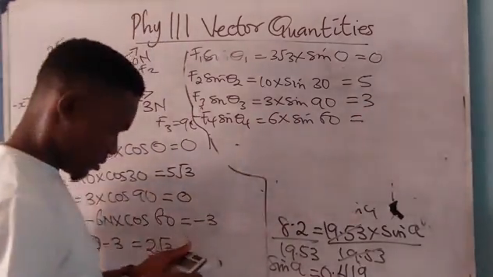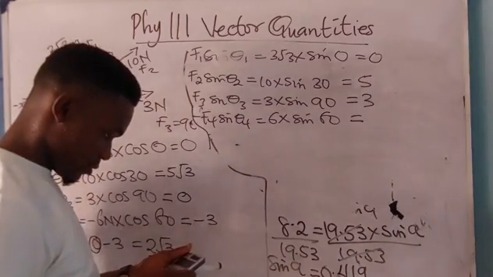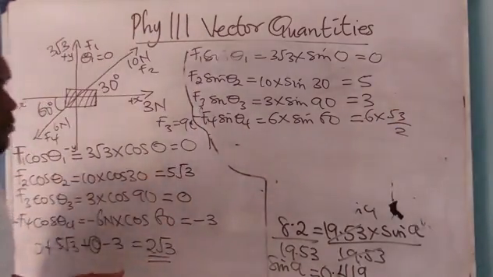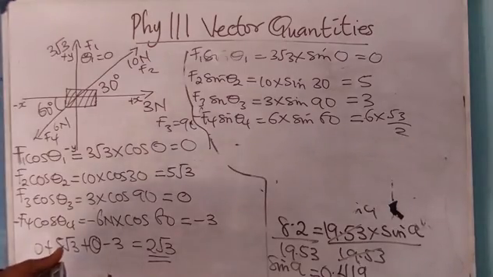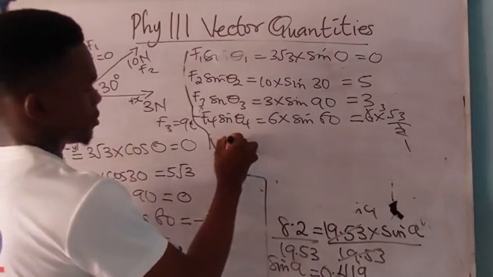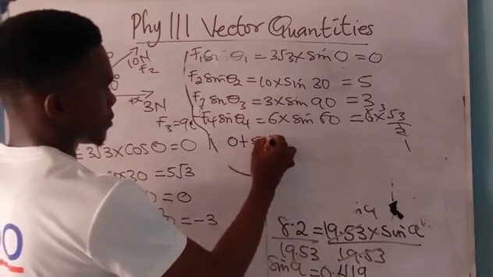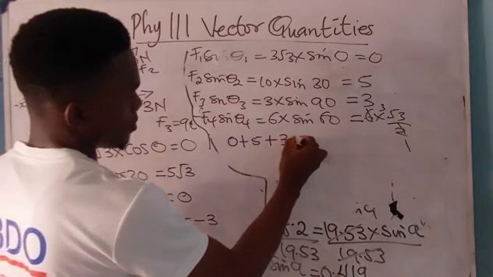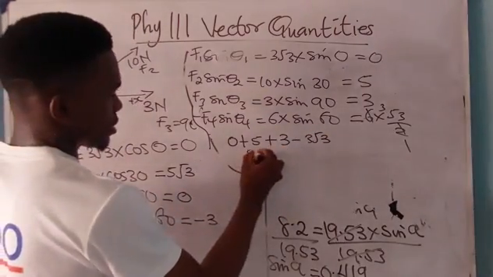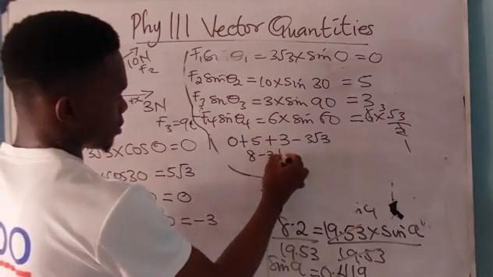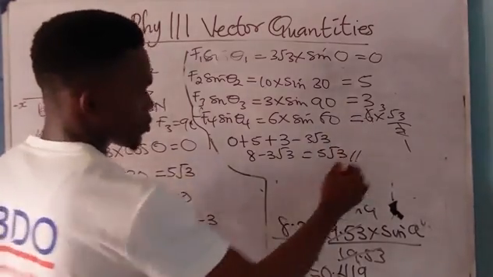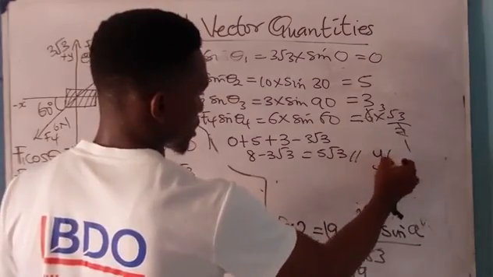Sine 60 is root 3 over 2, so 6 times root 3 over 2 is 3 root 3. So I have 0 plus 5 plus 3 minus 3 root 3. 5 plus 3 is 8, and 8 minus 3 root 3 is the result. This one is for the y-axis.